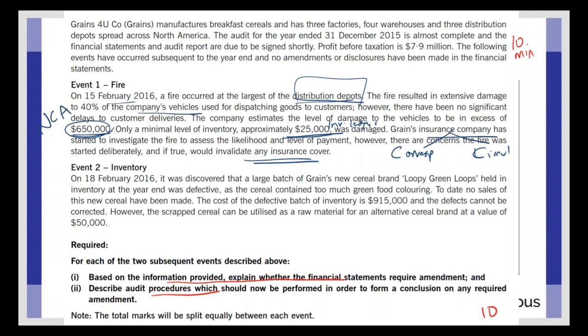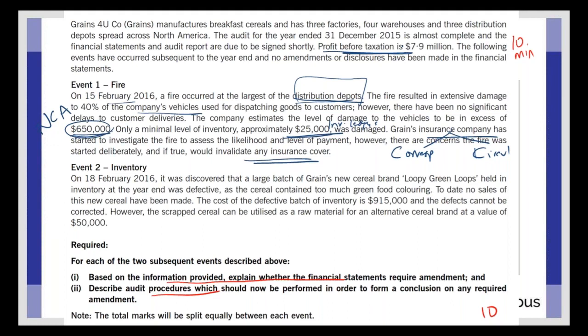Tehreem, whatever amount is mentioned, you'll have to tell me whether it is material or not. If you remember, materiality could be with reference to total assets or with PBT. Because PBT is given in this question, you add up the total damage, 675,000. Find out what percentage 675,000 is of the PBT figure.